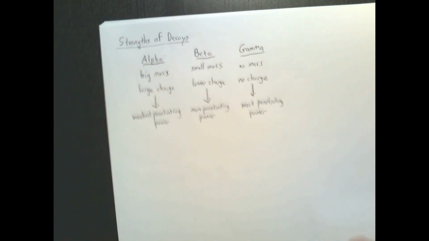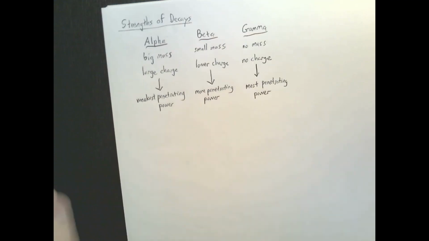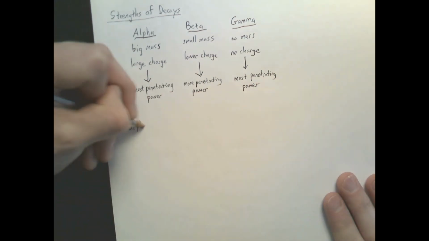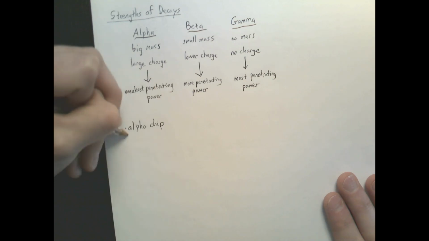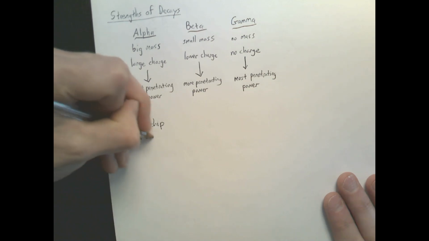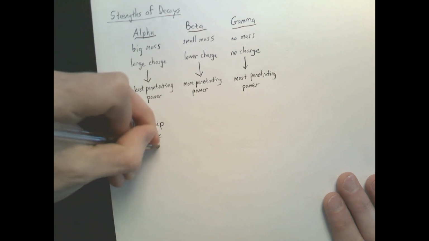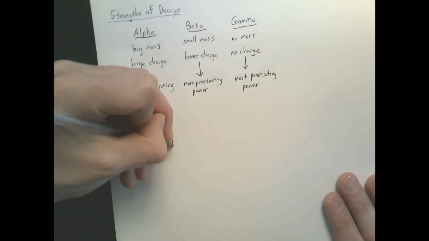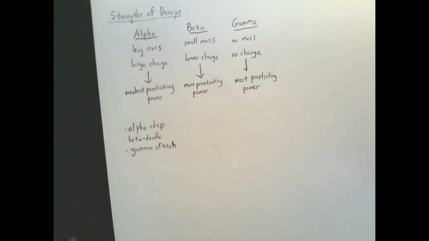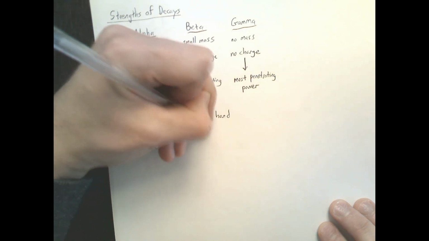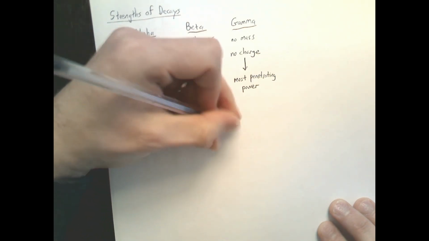So there is a fun experiment where some sadistic person has baked 3 cookies, each including a different kind of radioactive decaying element. So we have alpha chip cookies, we've got a beta doodle, it's a snickerdoodle with beta particles in it, and we have gamma crunch. You were told by this madman that you get to put 1 cookie in your hand, you get to put 1 in your pocket, and you get to eat 1.